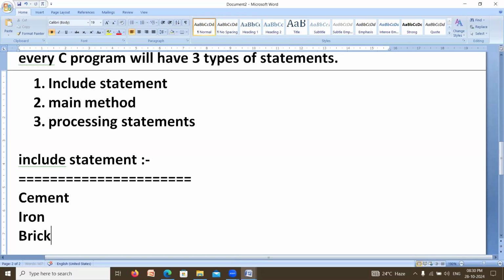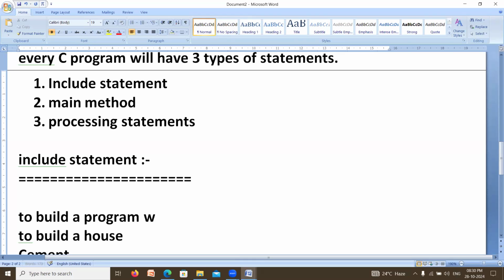We require bricks. Those are required to build a house. In the same manner, to build a program, we need some tools.